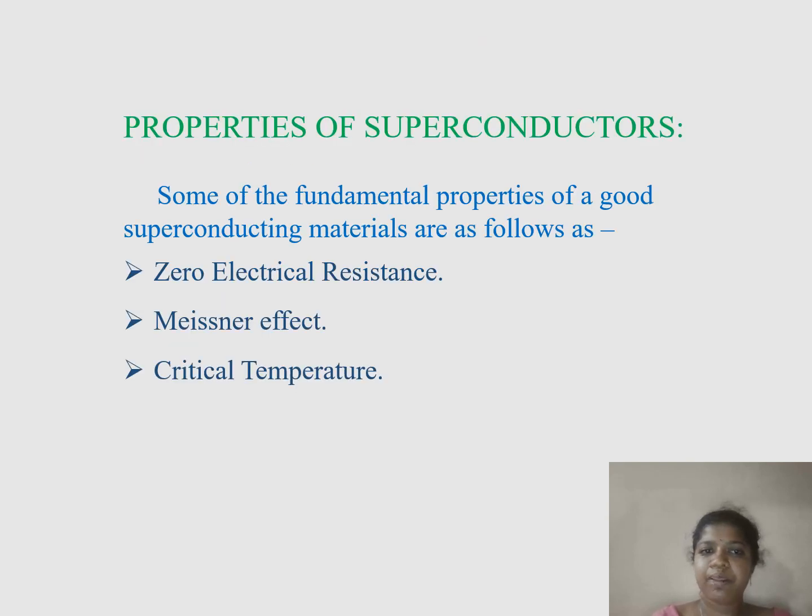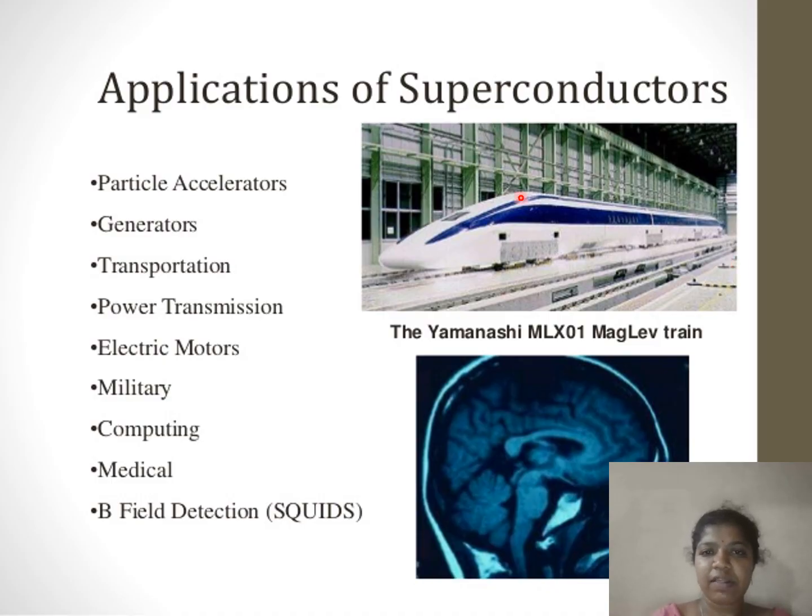And next one is properties of superconductors. Mainly, the superconductor properties are as follows: zero electrical resistance, at that temperature only it can conduct electricity with zero electrical resistance, and the Meissner effect. And the main important term is critical temperature. Applications of superconductors.